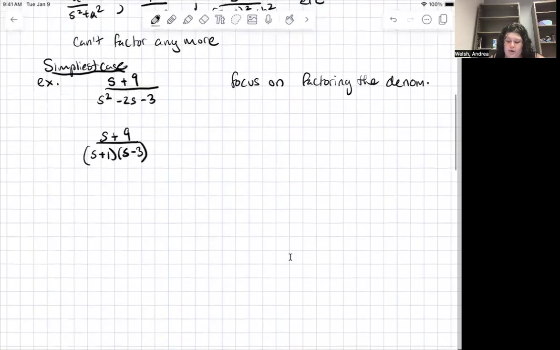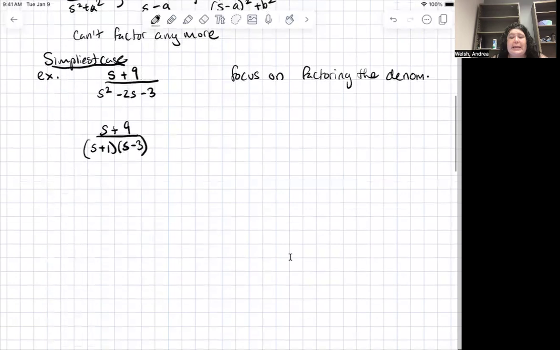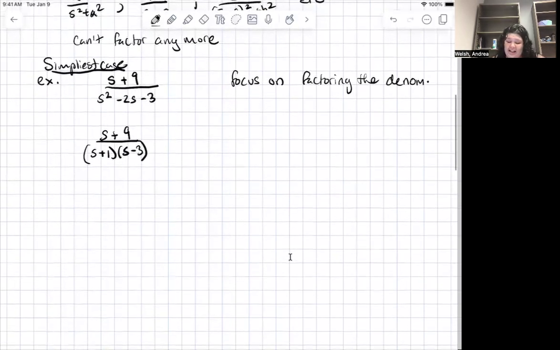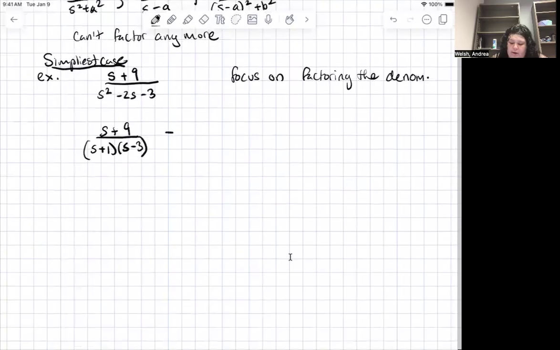Right now we can notice that the factors are different, and they're all linear, meaning there are no squares, no cubes, or anything like that. So what we can do is say this is going to be A, where A is unknown, over s plus 1, one of the factors, plus B over the second factor.